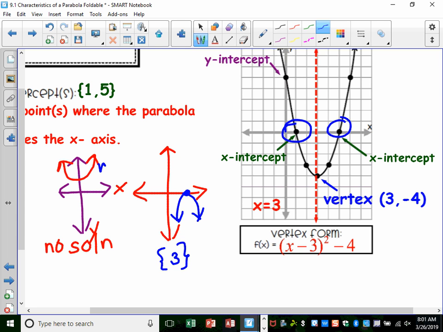You can have none, or you can have one solution. So those are your options: one solution, two solutions, or no solution at all. So if that vertex is sitting right on the x-axis, then you're only going to have one answer. And it'll be visible if you use your graphing calculator. You can tell how many solutions you're looking for.